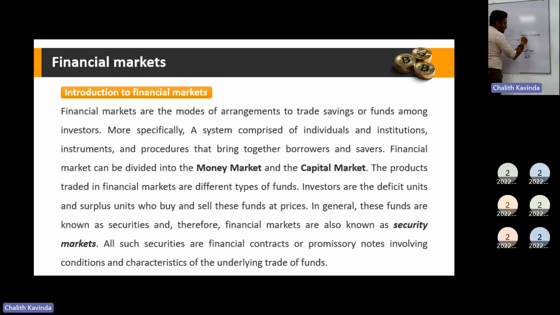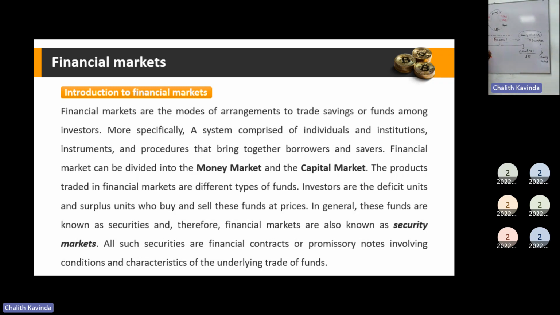So commonly put up, we call these as securities, right? Commonly we call these as securities. Since those securities are being traded, these financial markets are also known as what? Security market. Right?